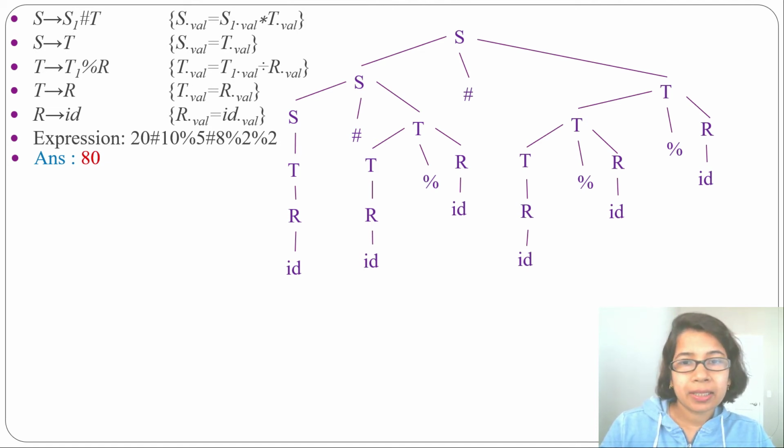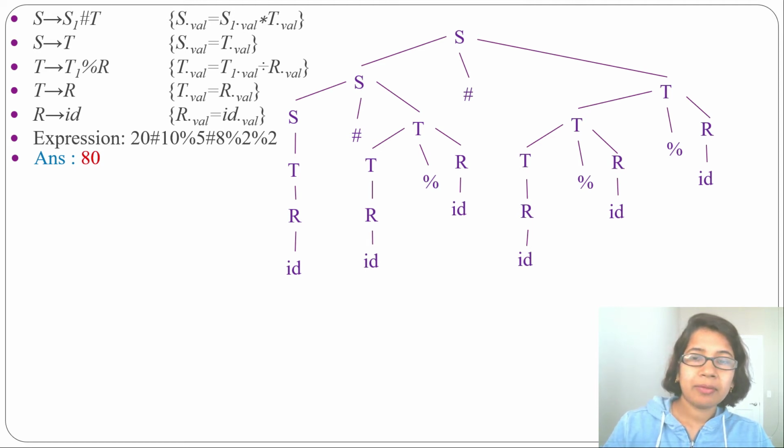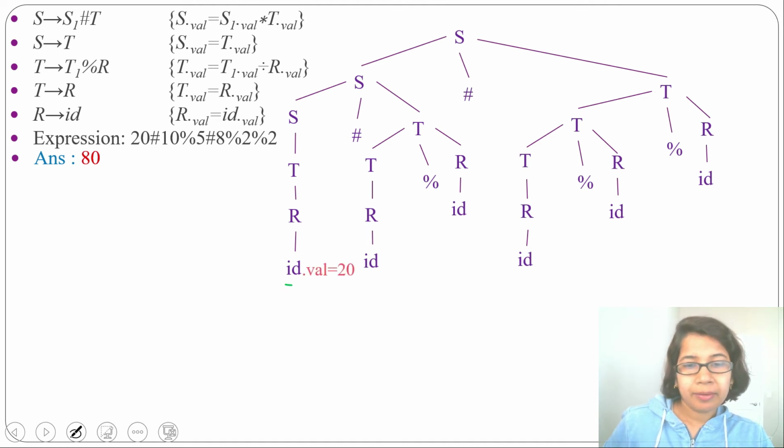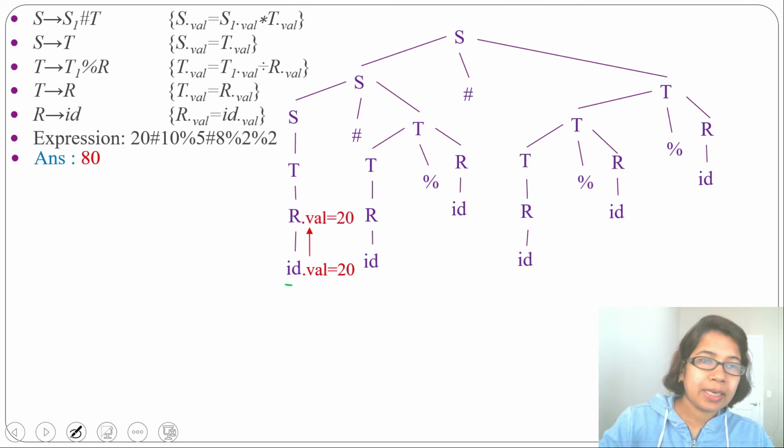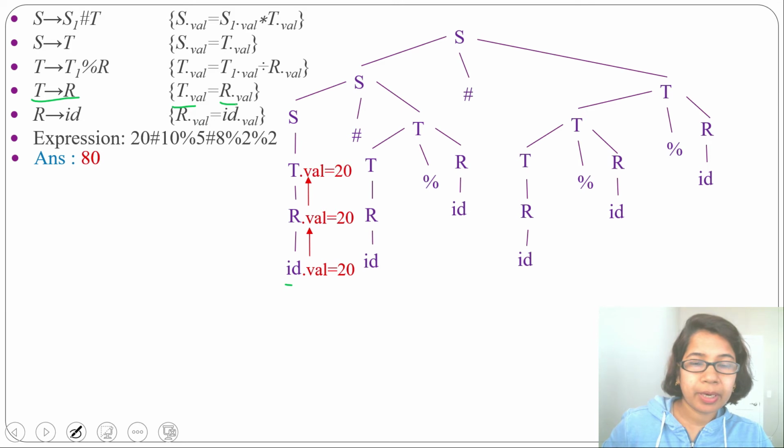Here all are synthesized attributes, meaning the attribute takes value from its children. We'll evaluate in bottom-up order. We'll start from the leaf and go till the root. So this ID value is 20 and this ID value will be synthesized to R. So now R value will be 20. Next again T derives R, meaning T value equals R value, so T value will be 20.